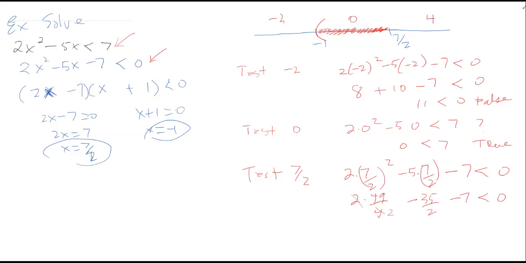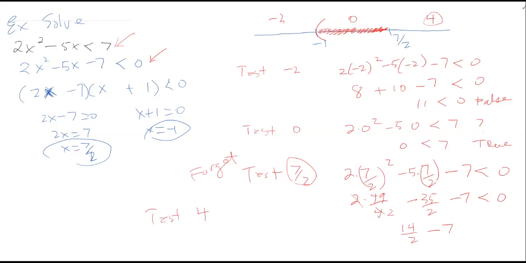So 49 minus 35 is what, 14? Oh, I'm sorry. I'm testing 7 halves. I shouldn't be testing that. I already know that. It's my accident there. I wasn't thinking straight. I got to test the 4. So forget this. Okay, let's try the 4.